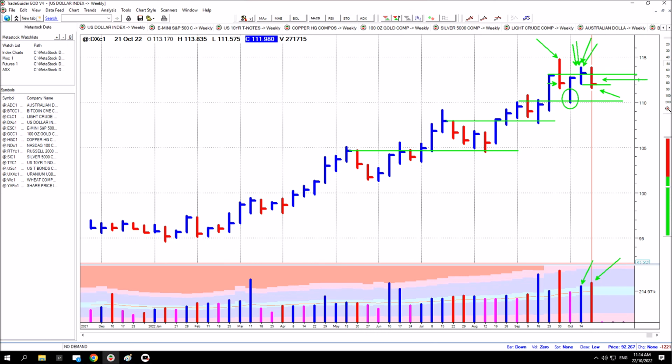There's a lot going on, and if there is an attempt to move higher, you'll probably see a test for supply early next week. And then if supply is low, an attempt to move higher. But if supply continues to be drawn out, you may see price attempt to move even lower and challenge those sellers further, which would mean a test of the 110 level becoming more and more likely.